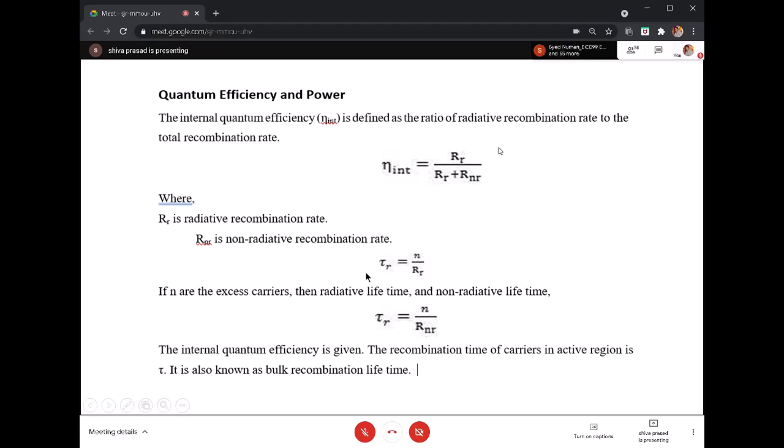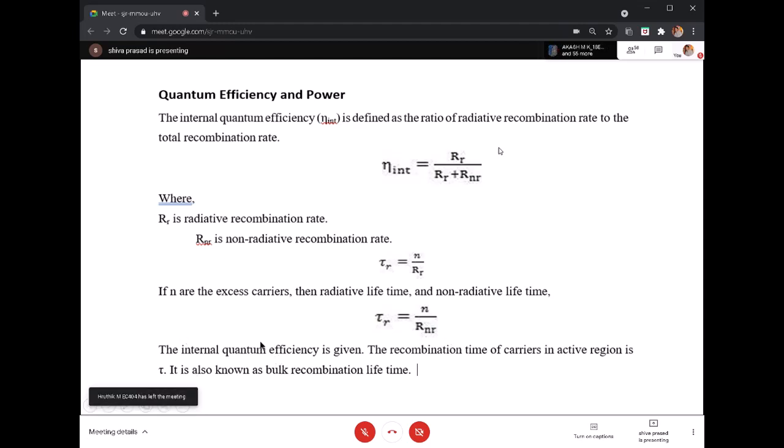So tau r equals n by RR. If n is the excess carrier density, then for exponential decay of excess carriers, the radiative recombination lifetime tau r is equal to n divided by RR, where RR is the radiative recombination rate. The non-radiative recombination lifetime is given by n divided by RN.